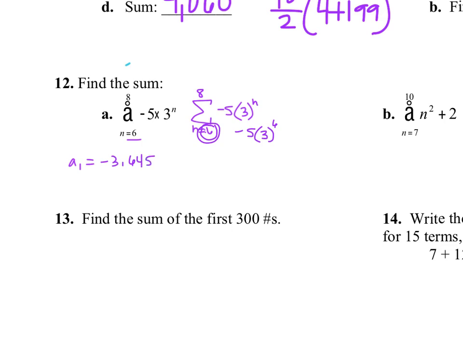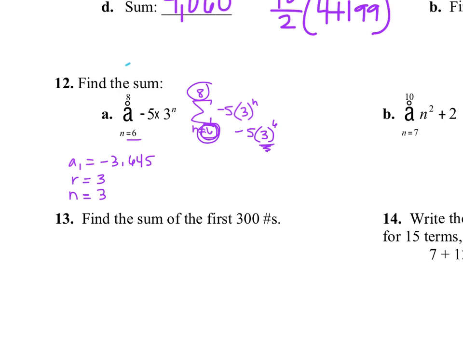Our common ratio, what we're changing by, is always this number. Remember, think of it kind of like exponential growth, exponential decay. That's our ratio, which would be 3. And then the number of terms, our n. If we have 6 as our first and 8 as our last, 6, 7, and 8 would be your number of terms, so that's 3 terms. Or you can think 8 minus 6 is 2, and you always have to add 1 to that.